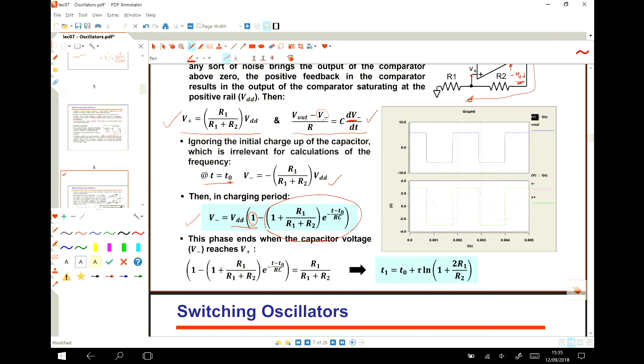Excuse me. Can you explain, in the charging, how did this equation come? This equation is coming from this equation. So this is a differential equation, and you have to solve it; the solution of this differential equation is this one. And VDD is the bias. Yeah, it's the V out at the beginning.